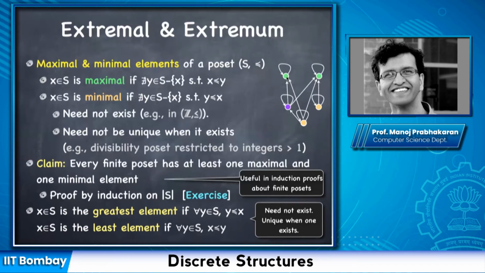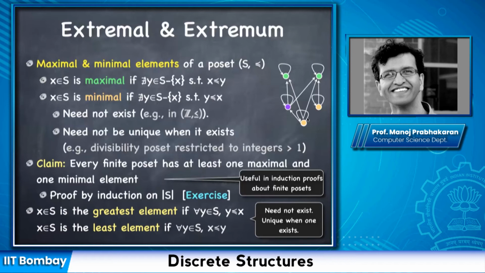Right? To be the greatest element, you'll have to be greater than or equal to the other element also, but they are incomparable, so neither of them is the greatest element. Similarly, neither of these are the least element.